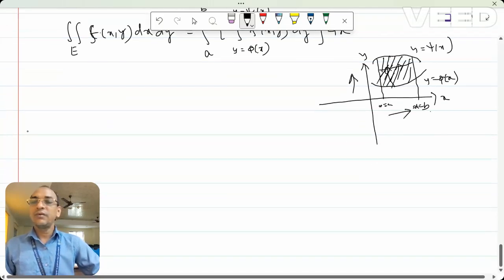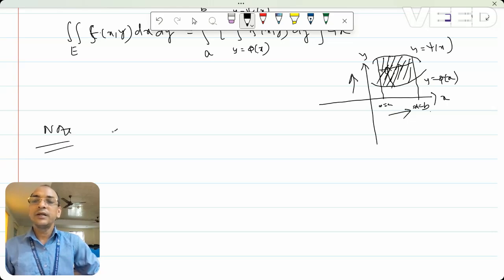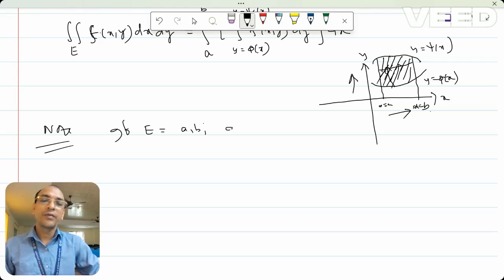Okay, so here I will give another thing. In a similar way, I can make a note here. If the region E is such that a, b, and here I will have phi of y less than or equal to x less than or equal to psi of y.